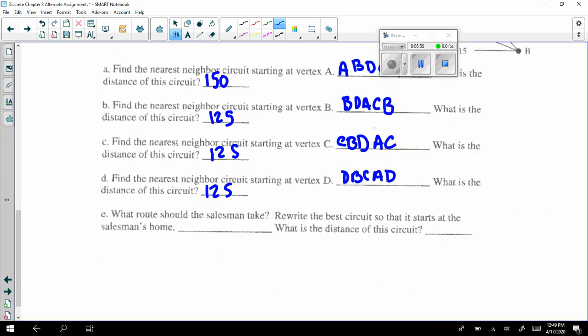Any of these ones that are 125, that would be B, D, A, C, B, and then you could rewrite them accordingly. Okay, so not too bad. So let's go ahead and take that a step further.